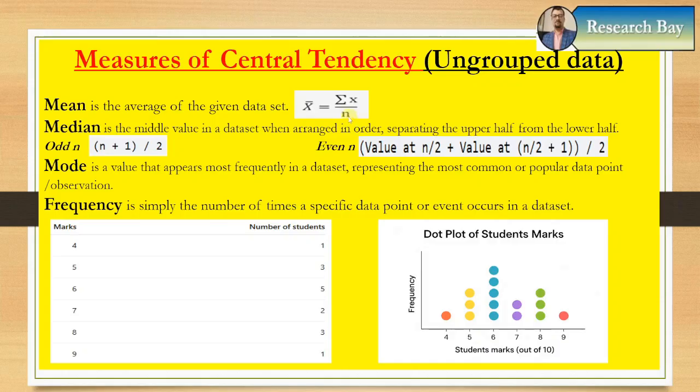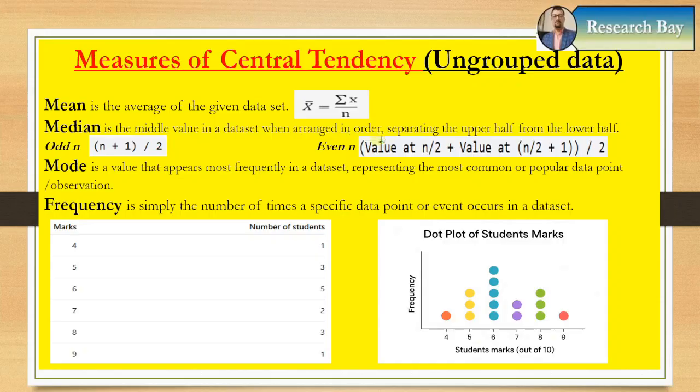So divided by number of students, that is 1, 3, that makes 4, and 5, 9, 11, 14 and 15. So divided by 15, that is the n, the sample size, number of students. You get the mean.